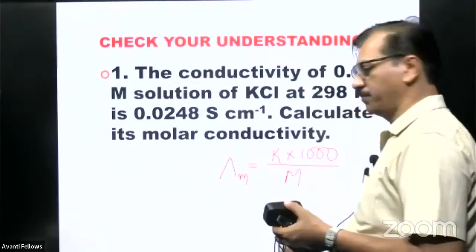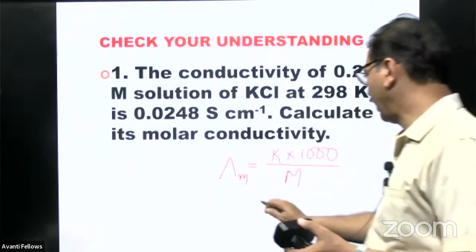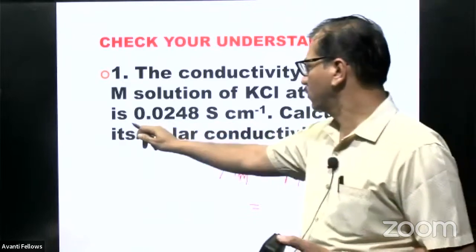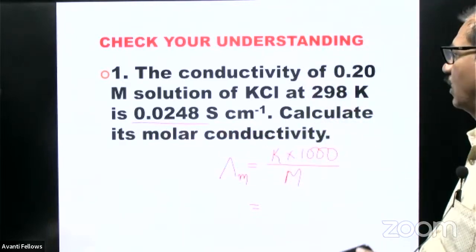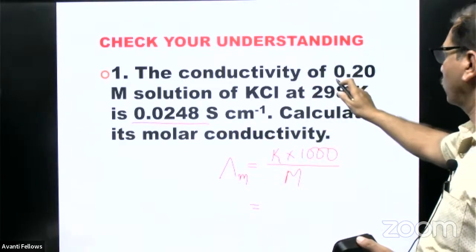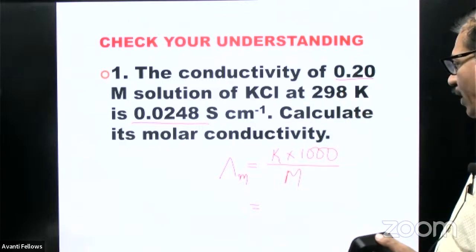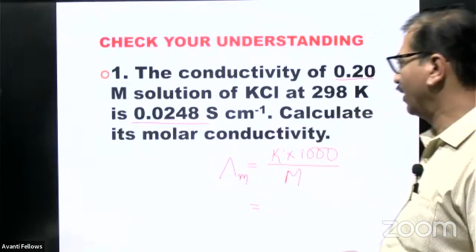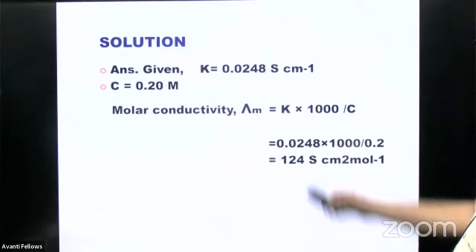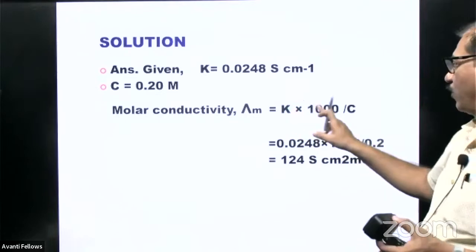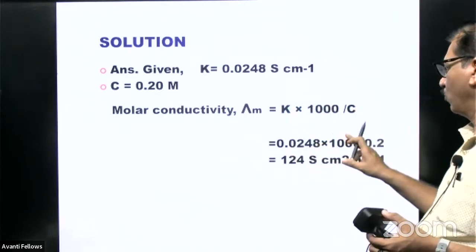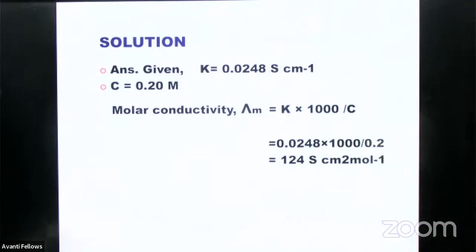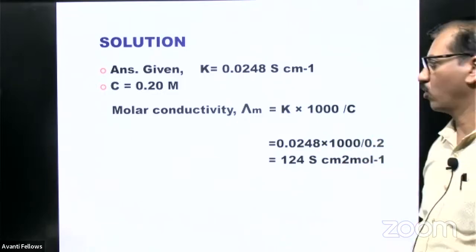This is the relationship; try to recall it and then substitute. The conductivity value is given, and the concentration is 0.2 M. These two values are given, so it is easy. So κ × 1000 / C, the kappa value × 1000 / 0.2. Therefore, it is 124 S cm² per mole.